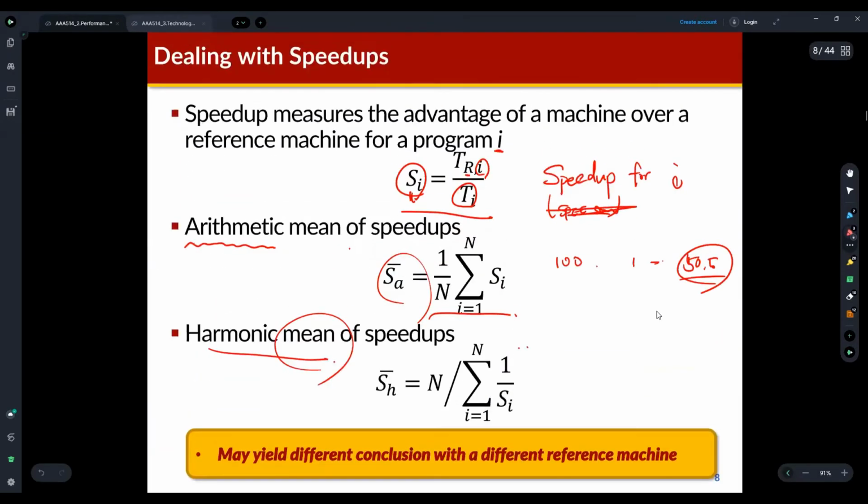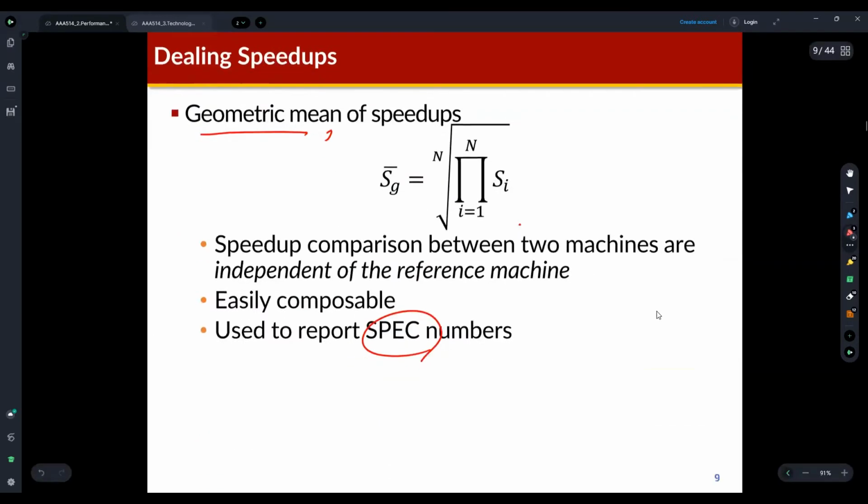Also, we covered how to calculate the average performance among the many performances of many applications. We can use the arithmetic, harmonic, or geometric means to calculate the average performance of the system.